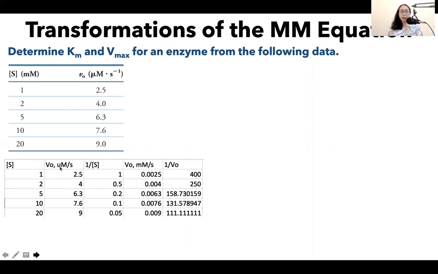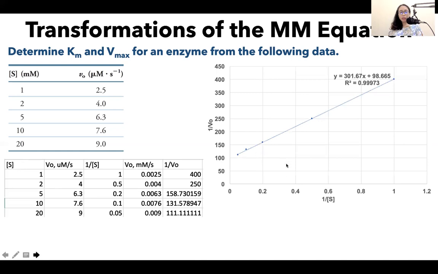From micromolar per second, I converted it to millimolar per second and proceeded to plotting 1 over S on the x-axis and 1 over initial velocity on the y-axis. So we have the slope and the y-intercept.